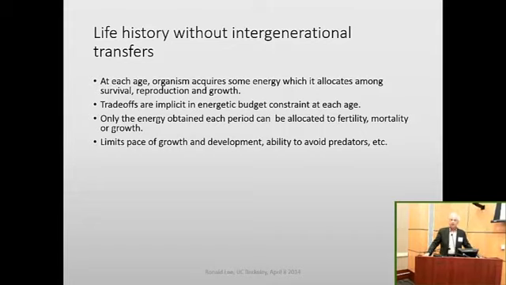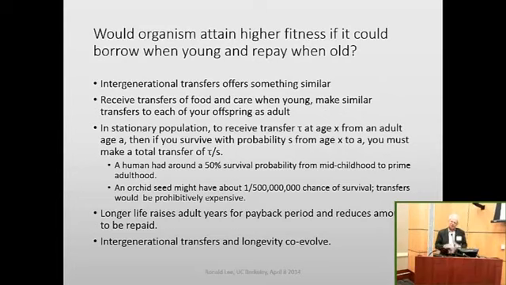And it might well be a time in which there'd be a very high return to having incremental resources. And it might be that for an older adult, that incremental fitness return is less. And so it might be fitness improving for this genetic line for the older to make some transfers to the younger. These transfers are not an exchange.